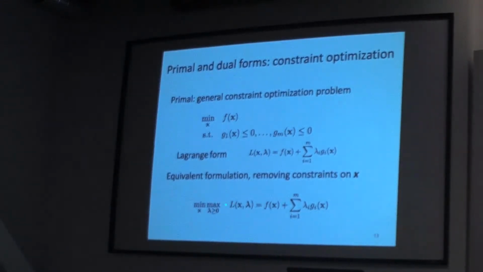In the inner level, given x fixed, we maximize this Lagrange function with respect to lambda, where lambda must be non-negative. Then in the outer level, we minimize this Lagrange function with respect to x. So it's to solve a min-max problem. I want to emphasize that solving a minimax problem is not equal to solving a minimization problem nor a maximization problem. It's a minimax problem.